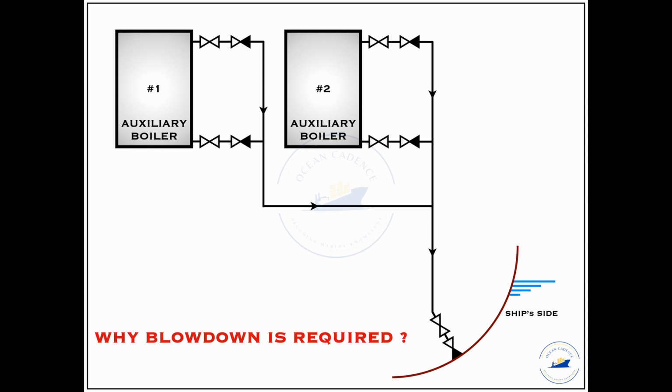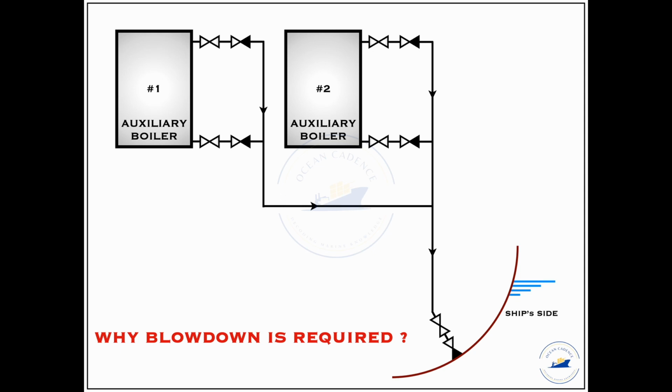So when we open the scum side blowdown valves, these impurities are blown down and removed from the network. However, the heavier salts, which are more dense and heavier in weight and content, precipitate and settle down at the bottom of the boiler, and even the heavier suspended solids also settle down here. So by carrying out the bottom blowdown, we remove these heavier contaminants that are settled down at the bottom of the boiler.